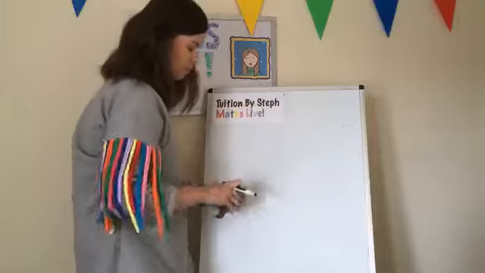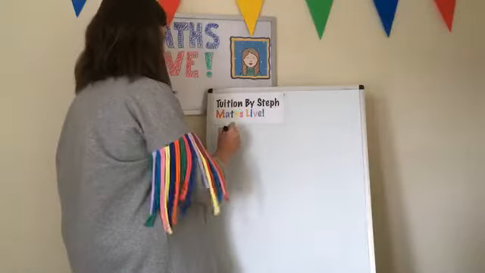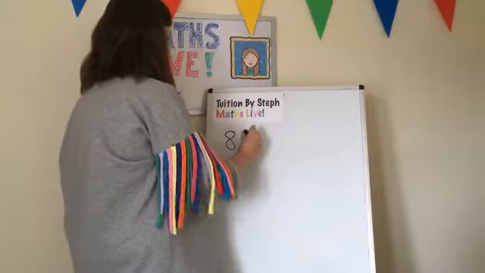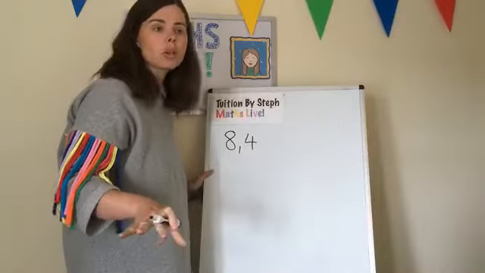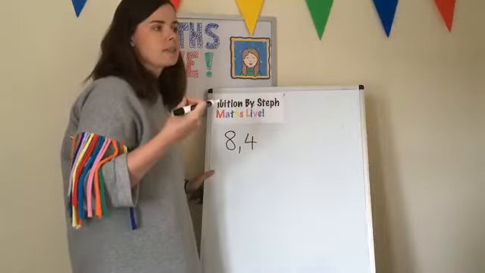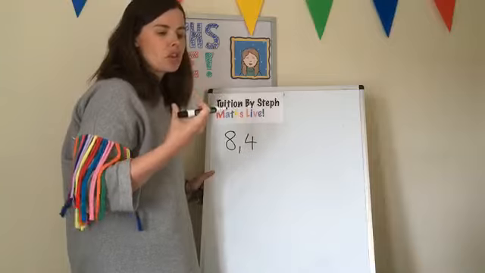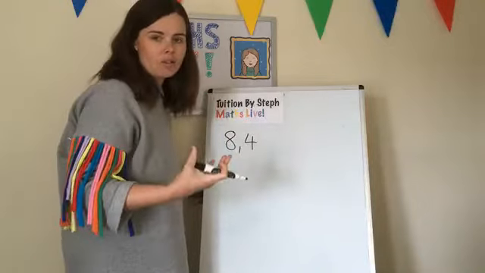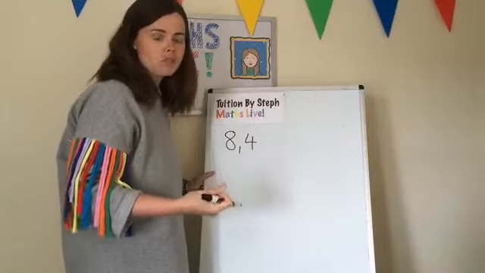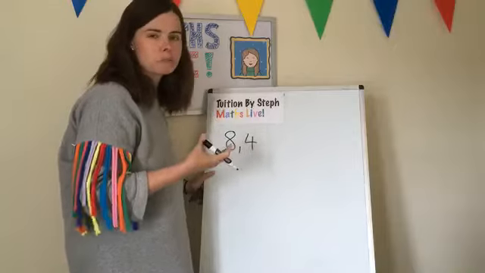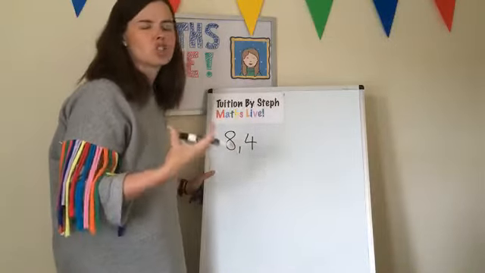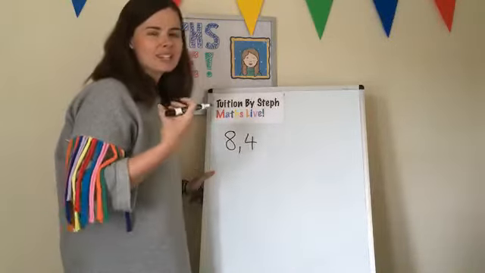So let's try another one. I'm going to do 8, 4. I'm keeping the numbers small because obviously I want you to learn the understanding of each one, mean, median, mode and range. If I make the numbers too difficult, we spend too much time just doing calculating, and that's not what we're looking for.